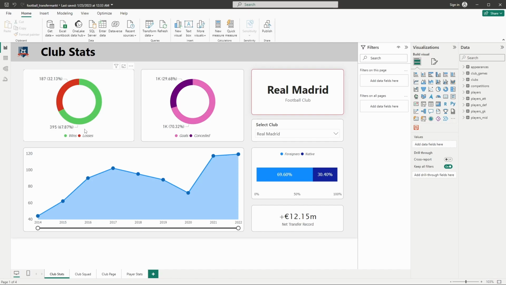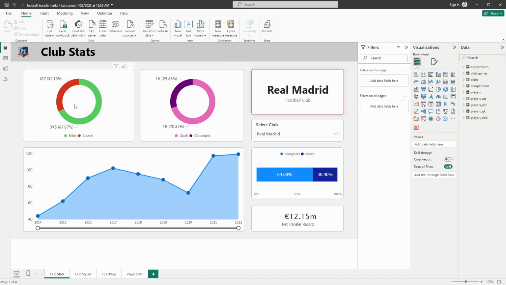Okay, and they incurred around 30% losses. Okay, and these are the exact numbers. And I believe this particular data set spans from the year 2014 all the way to 2022. So I believe it's around 8 years of data.